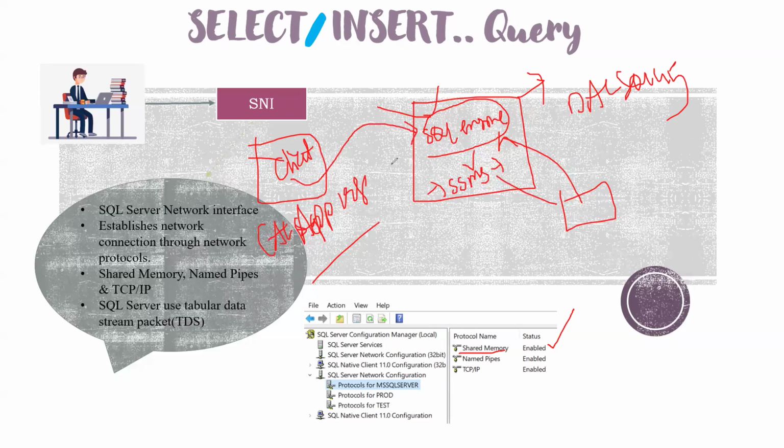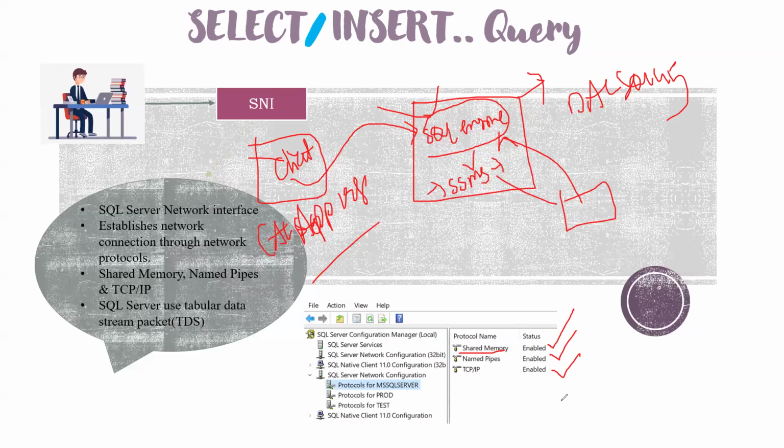Then you can connect using two methods: named pipes or TCP/IP. Hope you are getting my point. When you want to connect to your SQL server remotely, in simple layman's terms, you may use named pipes or you may use the TCP/IP protocol.